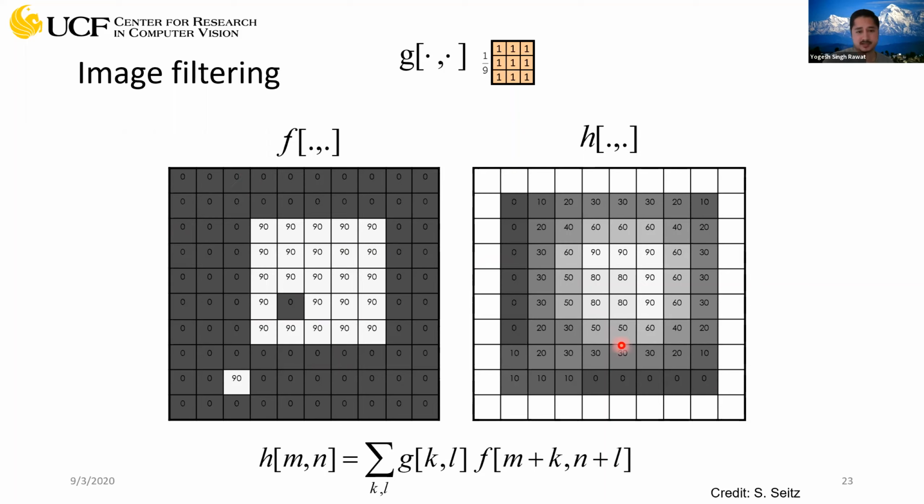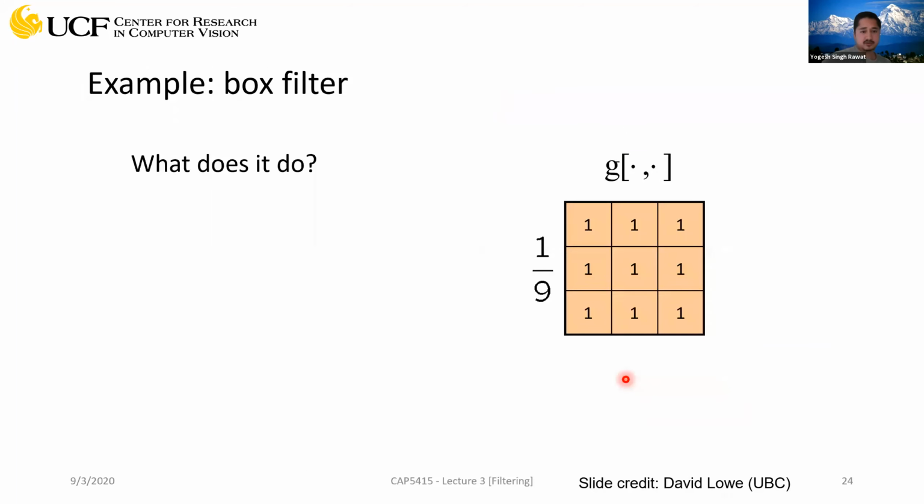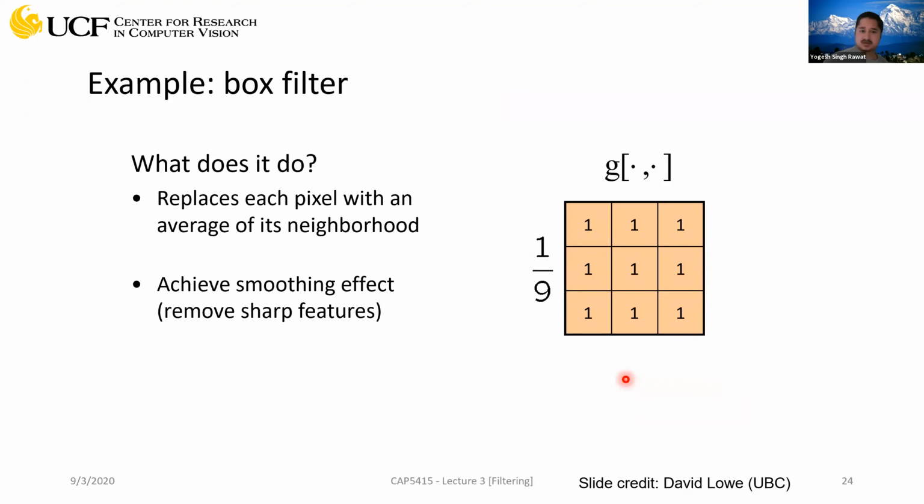You can see that it's doing smoothing or blurring. Where you have 90 everywhere, you get numbers close to 90. But as you move close to 0, the values get closer to 0. So it's doing averaging and achieving a smoothing effect.